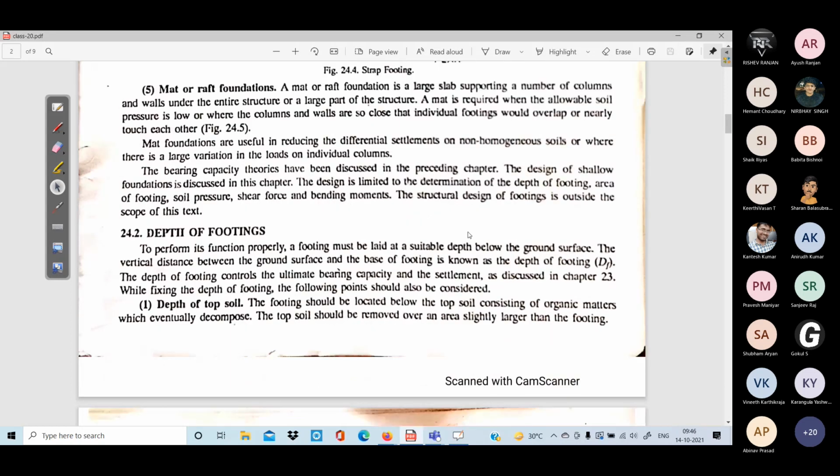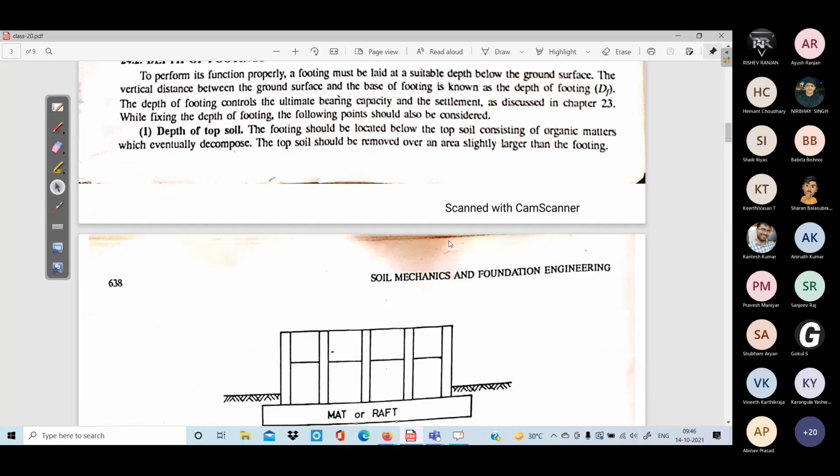Now, what is the depth of the foundation? The depth of the foundation is very important. As we have seen, we have to have some minimum depth. Rankine also gave the minimum depth, how much we should go. For a foundation on soil, there should be some minimum depth.